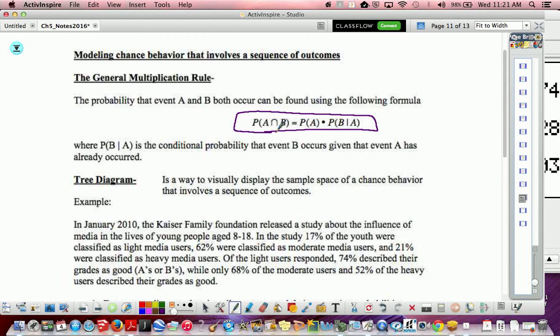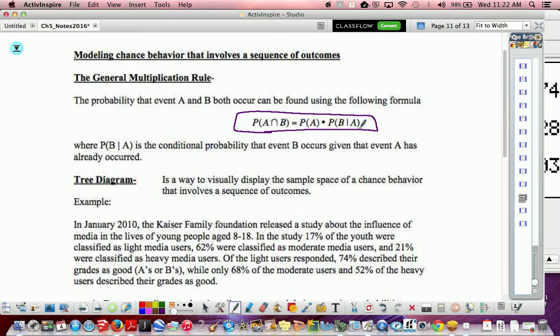How you calculate it is simply by saying what's the probability of A times the probability of B, given that A has actually occurred. So you're going to take the probability of your first event times the probability of your second event B, but knowing that A, the first event, has occurred.